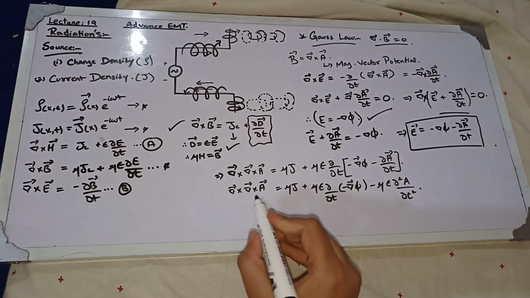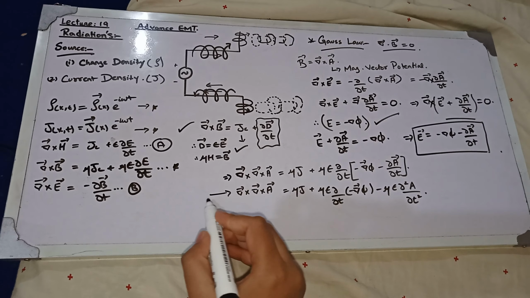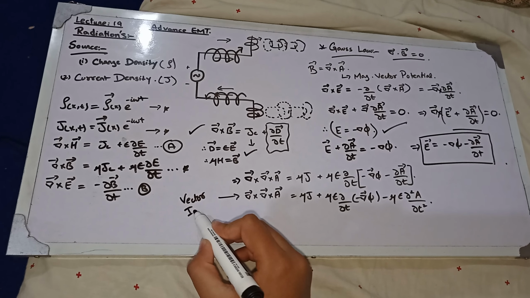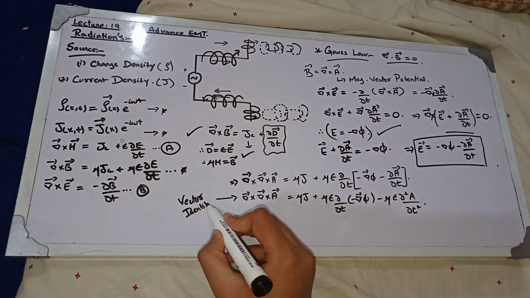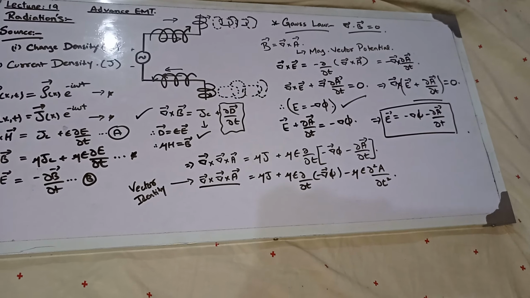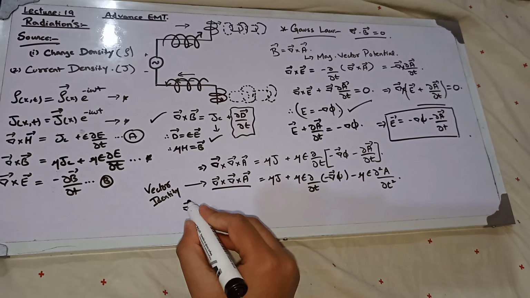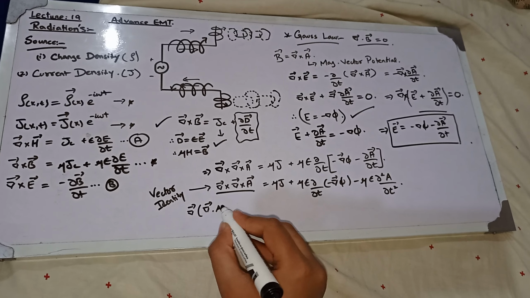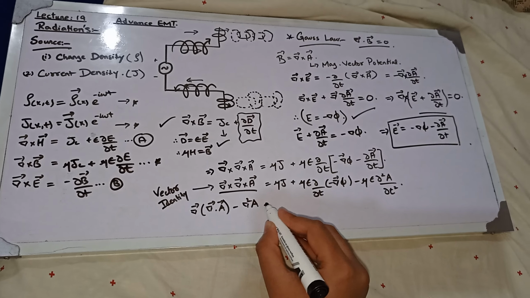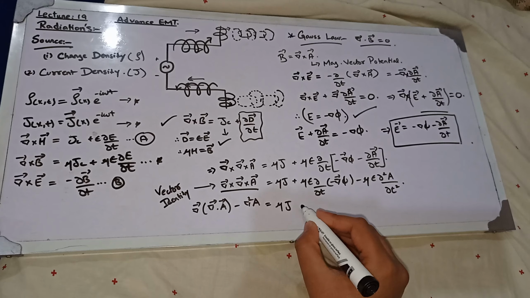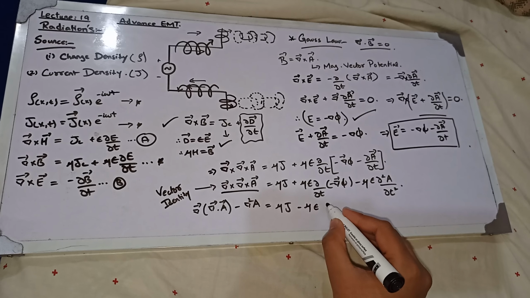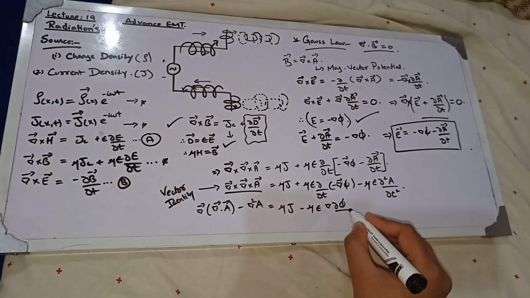Okay, now what you have to do, you have to apply your vector identity here. You already know, we already applied vector identities many times, so you have to apply the vector identity here, and this can be written as del dot A minus del square A. Okay, which is equal to, same as it is, mu J minus mu epsilon del partial phi by partial t.